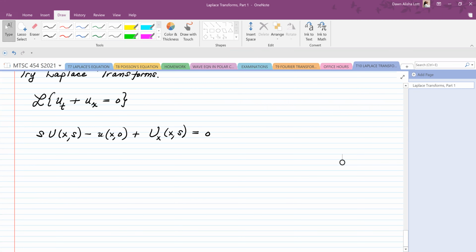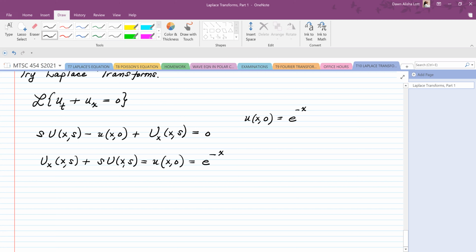Okay. So now u of x and 0 was e to the negative x. So now I'm going to get U sub x of x and s plus s U of x and s is equal to u of x and 0. So that's e to the negative x.